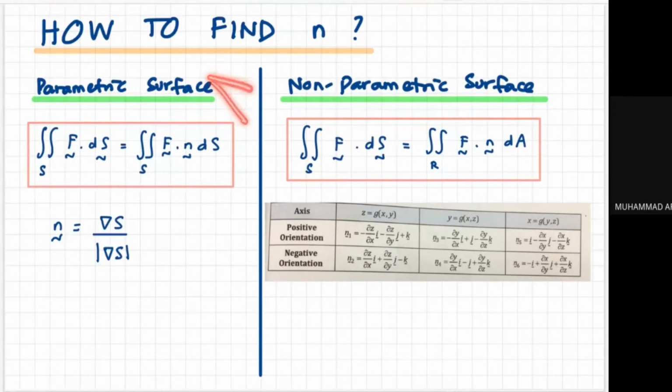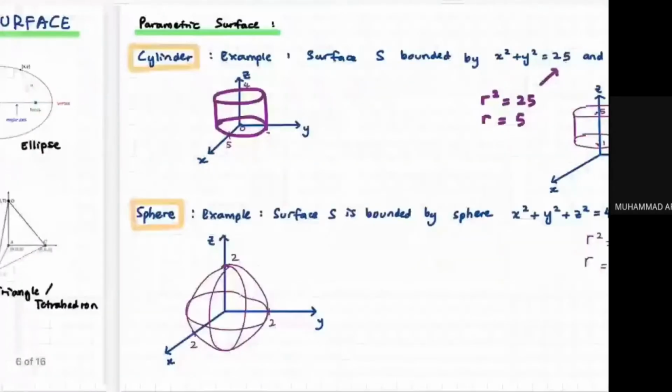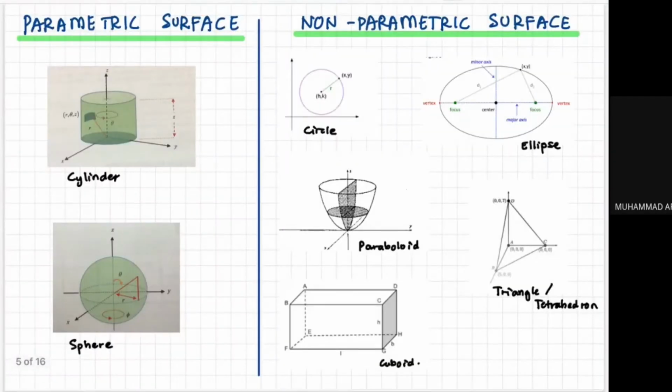Those are the types of parametric surface. And for non-parametric surfaces, I have explained the types, the examples such as the cuboid, tetrahedron, and what else we have here, circle, paraboloid or ellipse.